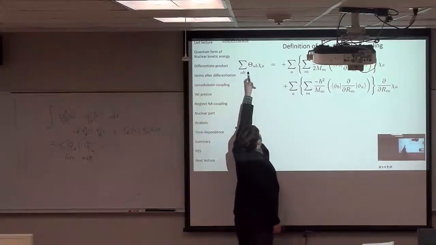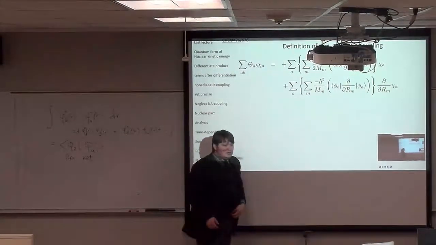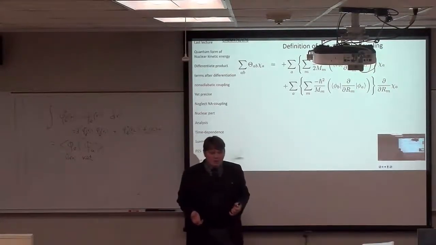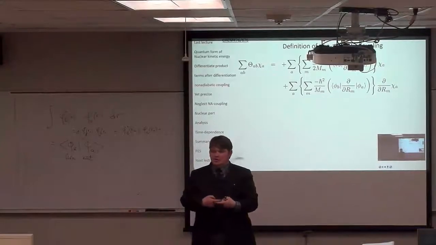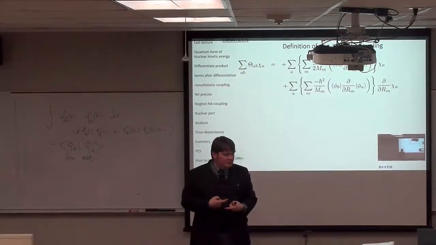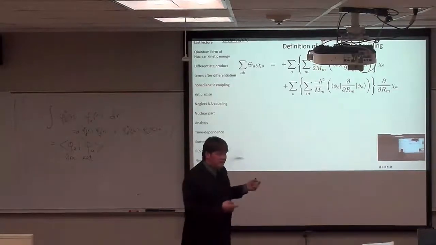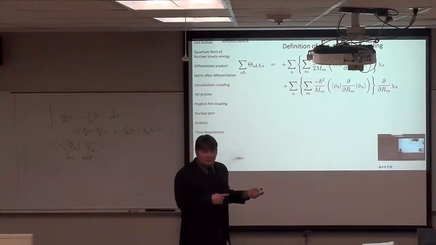So this theta AB is called non-adiabatic coupling. It is a measure of how happily the system may jump between different potential energy surfaces. It measures how efficiently the system jumps from electronic state A to electronic state B. Good? Make sense?